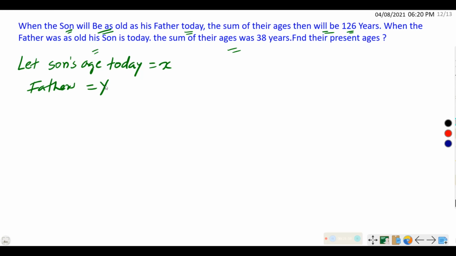A bit tricky. And secondly, the father was as old as his son is today. Both are connected with today. One time with the father, one time with the son. So that is very special and interesting. So I need to create a special situation here.